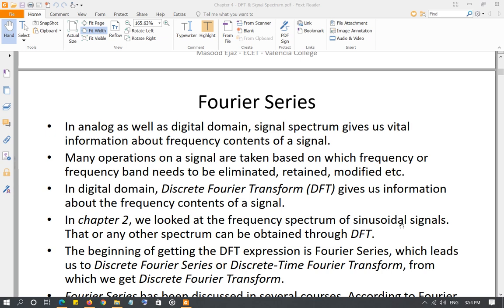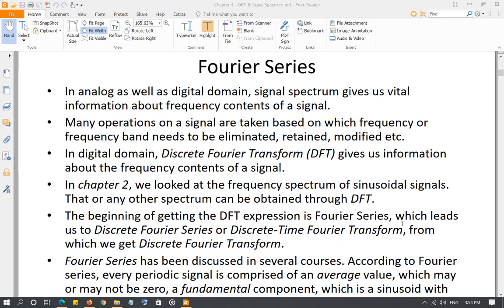So if you have, let's say, a square wave with a frequency of 1 kilohertz, that square wave is carrying a sinusoidal signal with the frequency of 1 kilohertz in its construction. So one of its components is going to be a sinusoidal signal with the frequency 1 kilohertz, and that component is called the fundamental component of the signal.